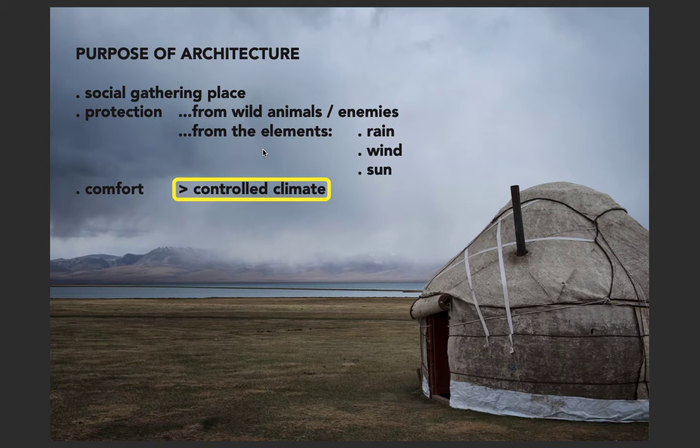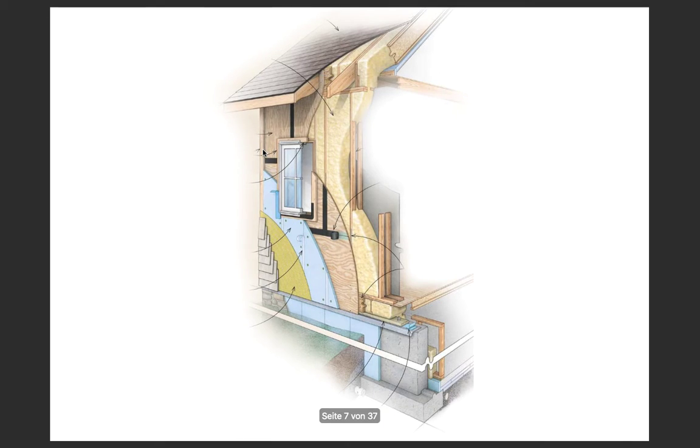But the idea of introducing that controlled climate has caused a bit of a problem, so to speak, in our detailing of our exterior walls, because all of a sudden we don't just need a simple wall that gives us shelter and protects us, but we have these sandwich-like constructions that use multiple different materials, where we have to be really careful in how they are assembled together.